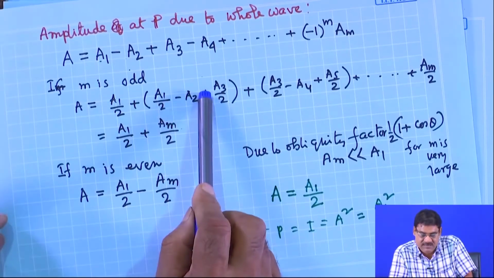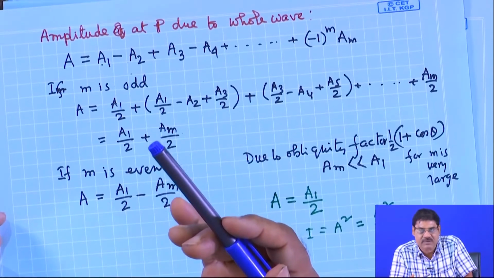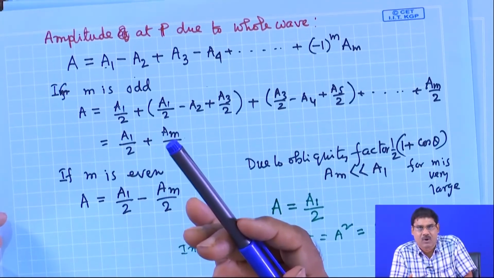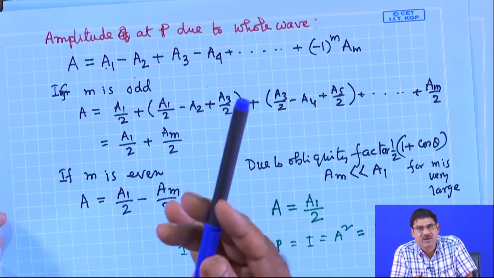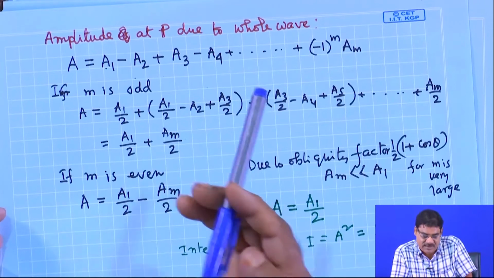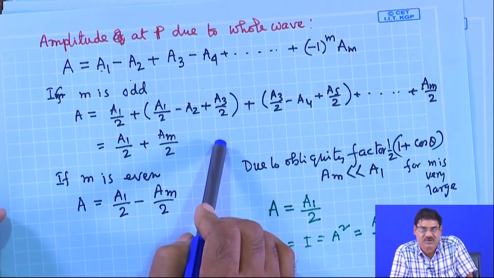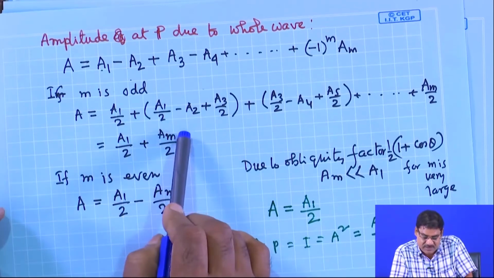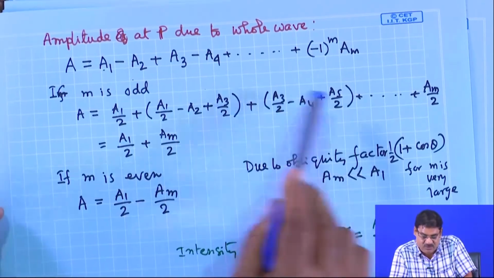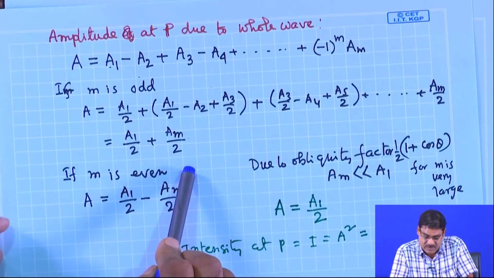That is the concept, because the amplitude from each zone is not the same. Why? Because of the obliquity factor, they decrease. So that is why we have taken the average this way, so that this will cancel. Only A1 by 2 plus AM by 2 is left.